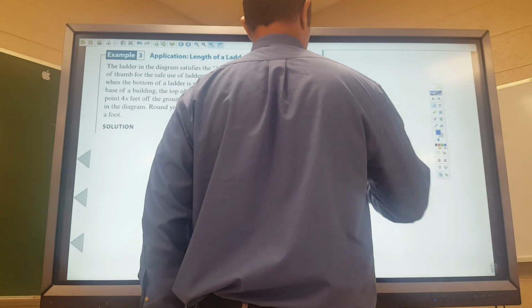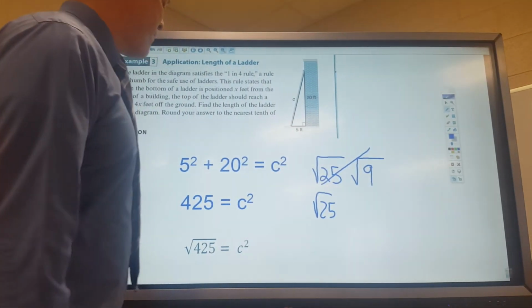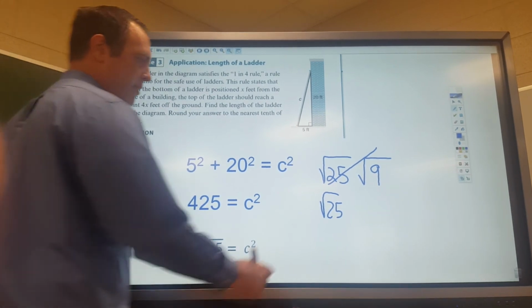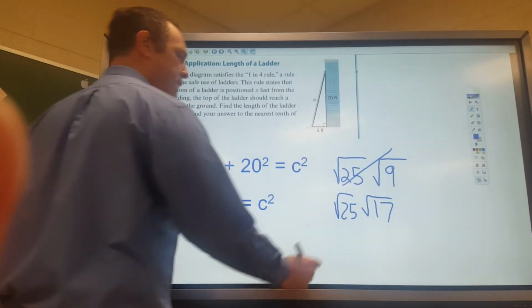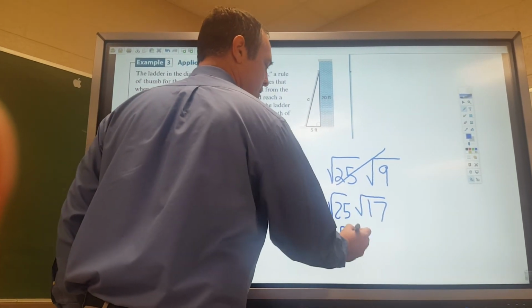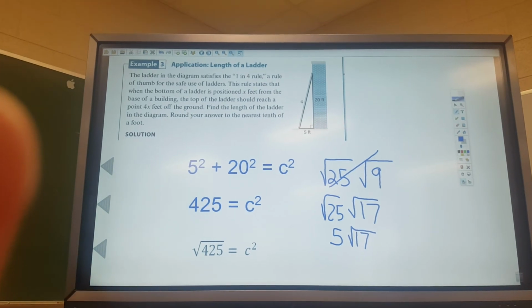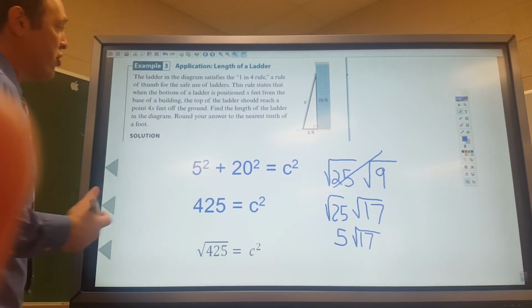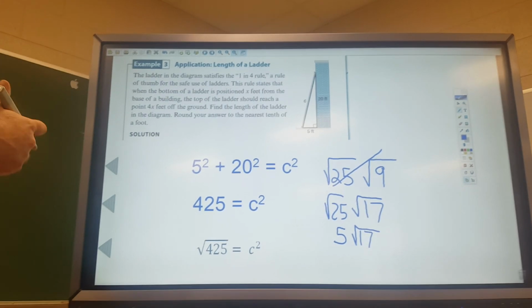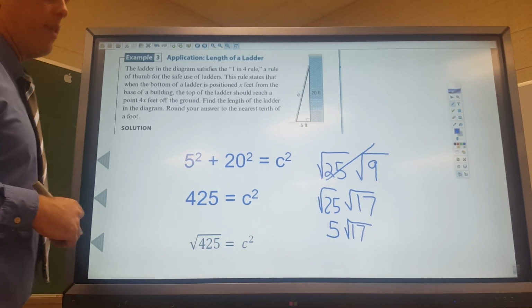I thought there was something wrong with that. Actually it would be 17. I miscalculated. The square root of 25 is 5, and then radical 17 doesn't simplify. 17 is a prime number, so you just get 5 radical 17. Like I said, you either get a radical number or a decimal. If they ask us to round to the nearest tenth of a foot, we'll plug that into our calculator and see what that is.